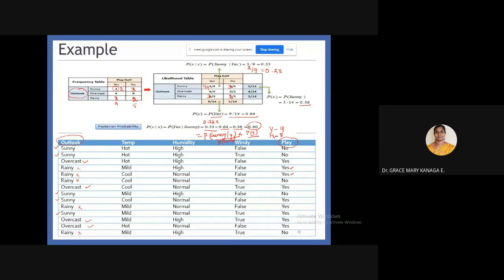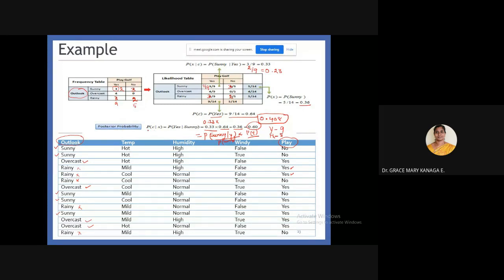That is 0.23 into 0.64, divided by 0.36. What's the value? Yes, tell me. It is 0.408. Okay, so this is the value.